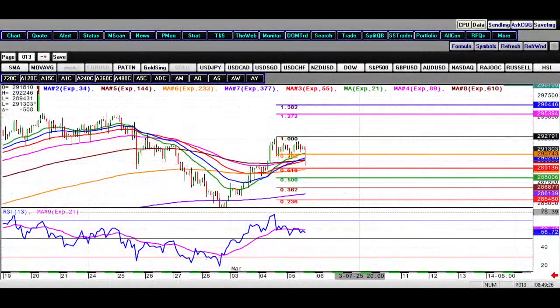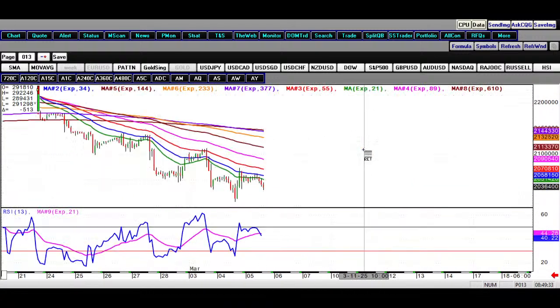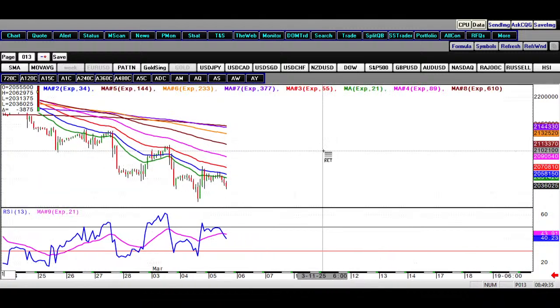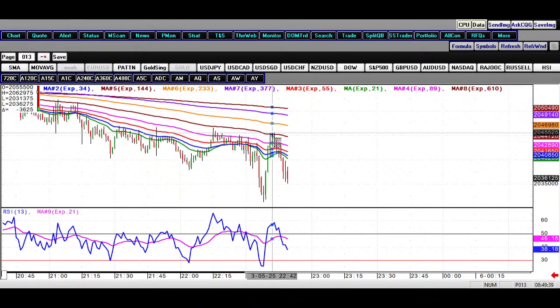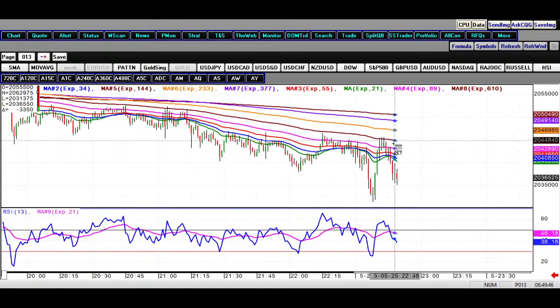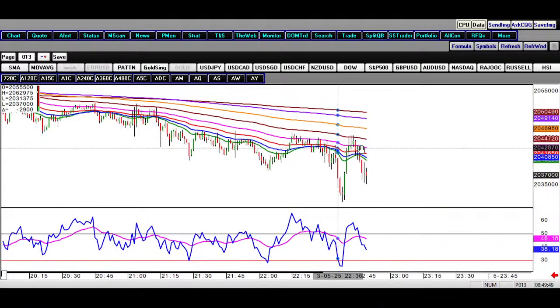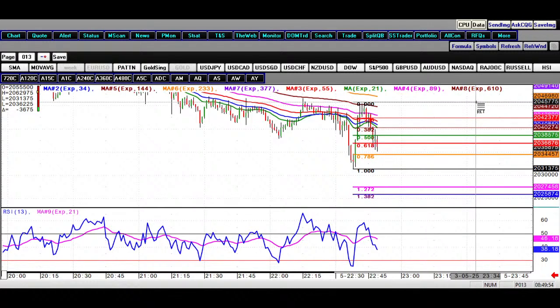Then as far as the Nasdaq is concerned, I think it was rejected again at 55. So we wanted to sell at 505, but I think we should have shorted at 50 with a TP at 20260.